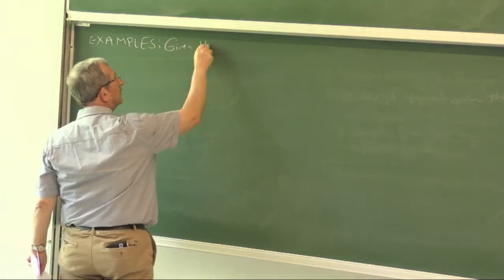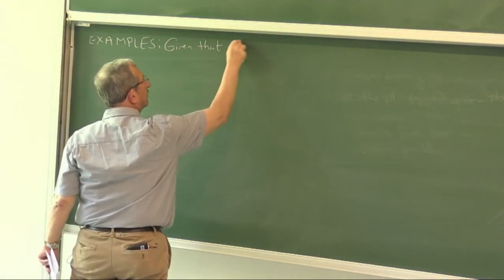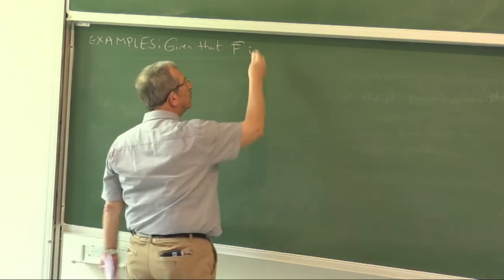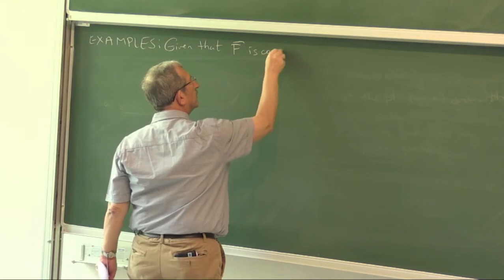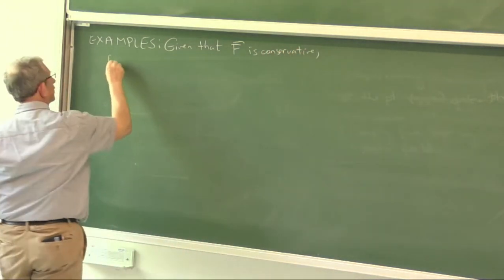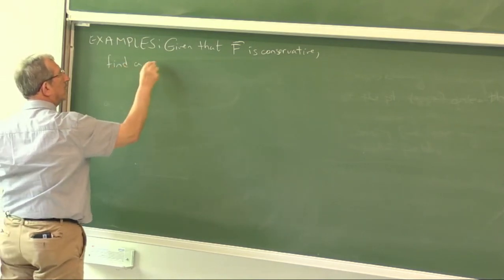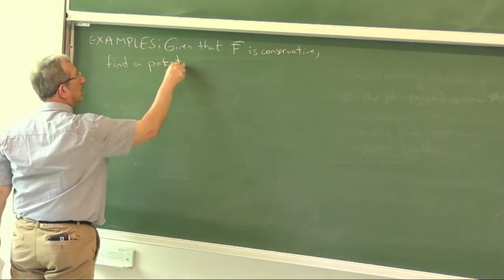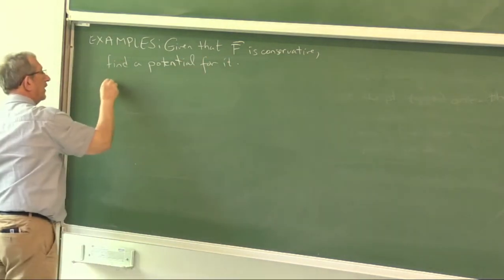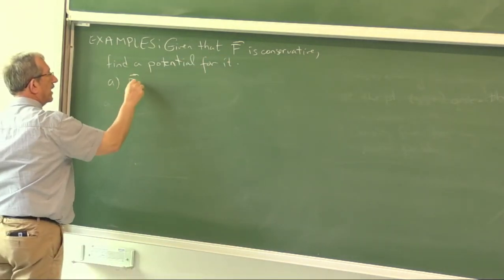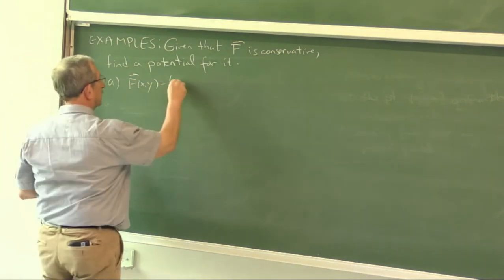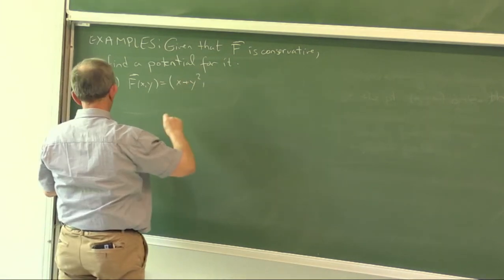Given that F is an exact differential, or just conservative, find the potential for it. F(x, y) is given as x plus y squared and 2xy.